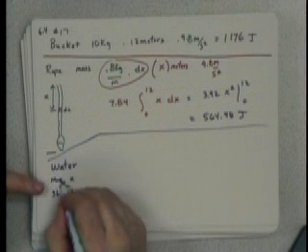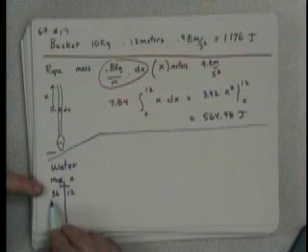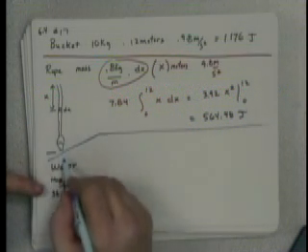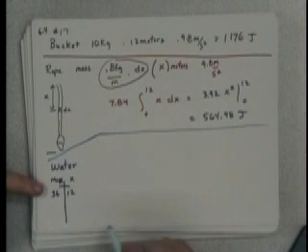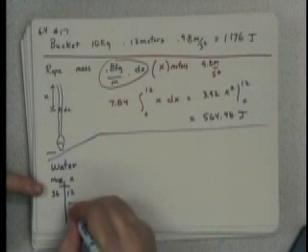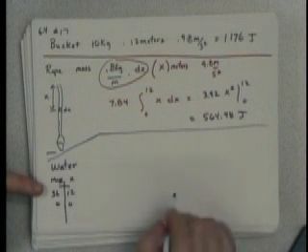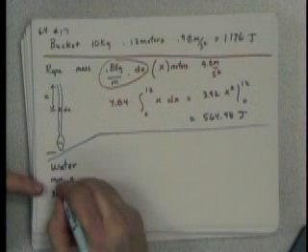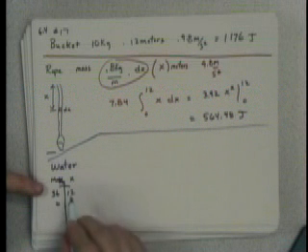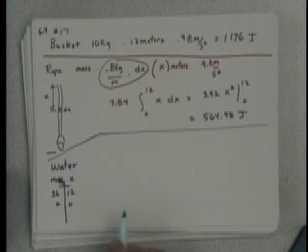So how much water was in the bucket is 36 kilograms when the bucket's on the ground. And when the bucket makes it to the top, the mass of my water is 0.